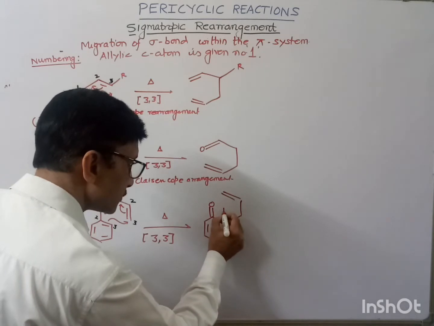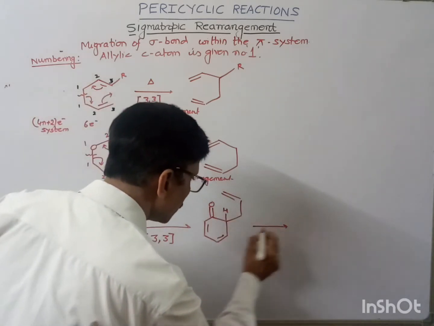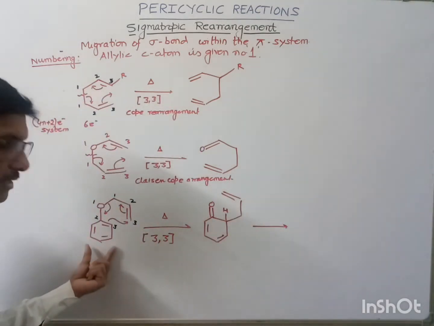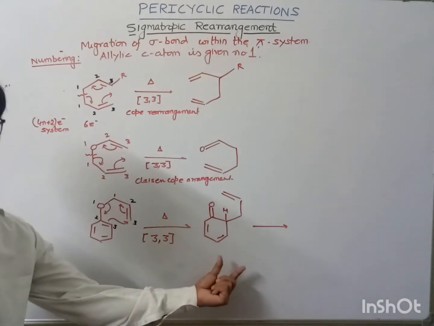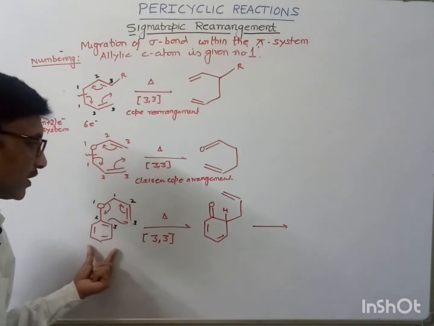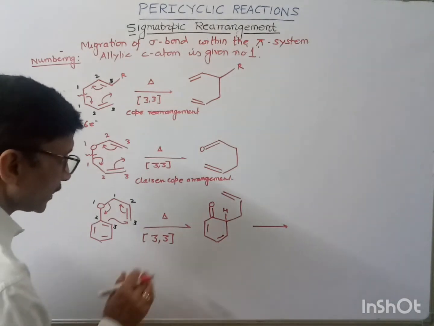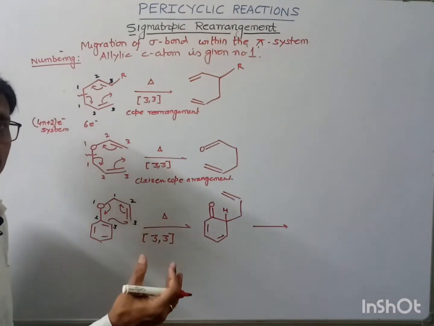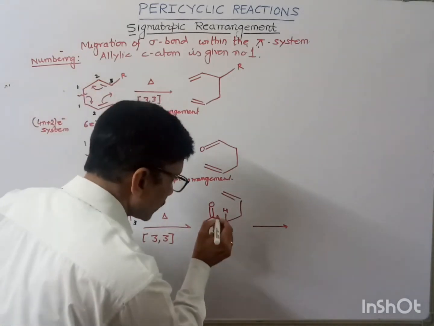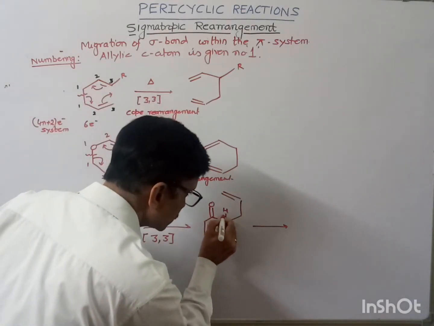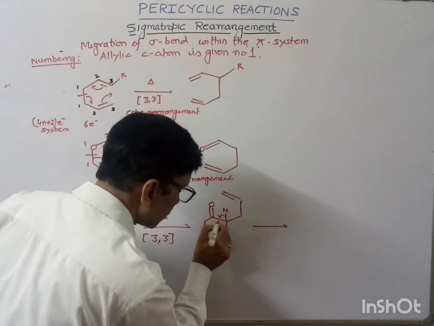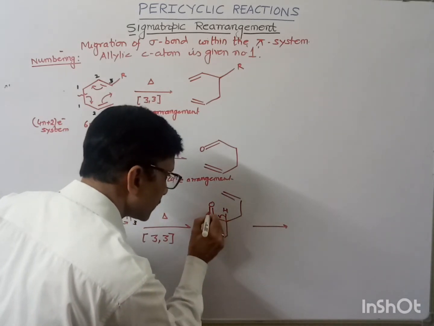One of the hydrogens is present over here, and now if you will see here, this aromatic ring is converted into a non-aromatic ring, so that's why it will again try to become aromatic. For that the hydrogen is lost over here, and the double bond forms so it becomes aromatic.